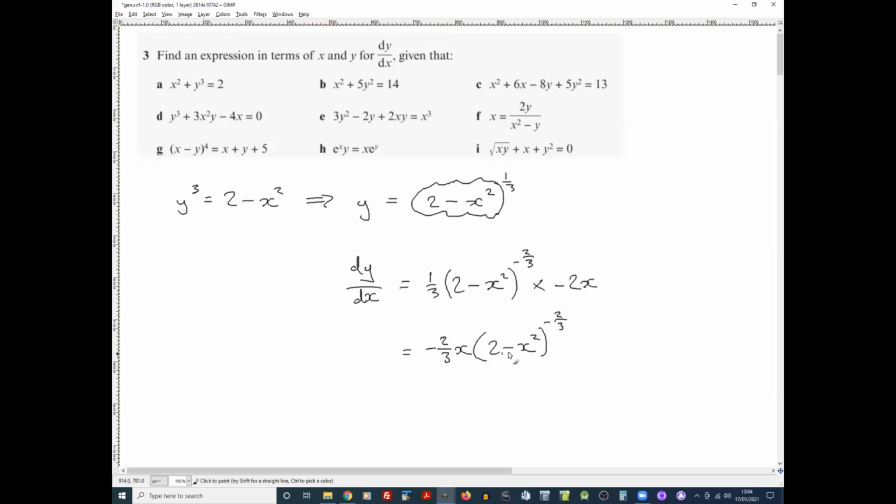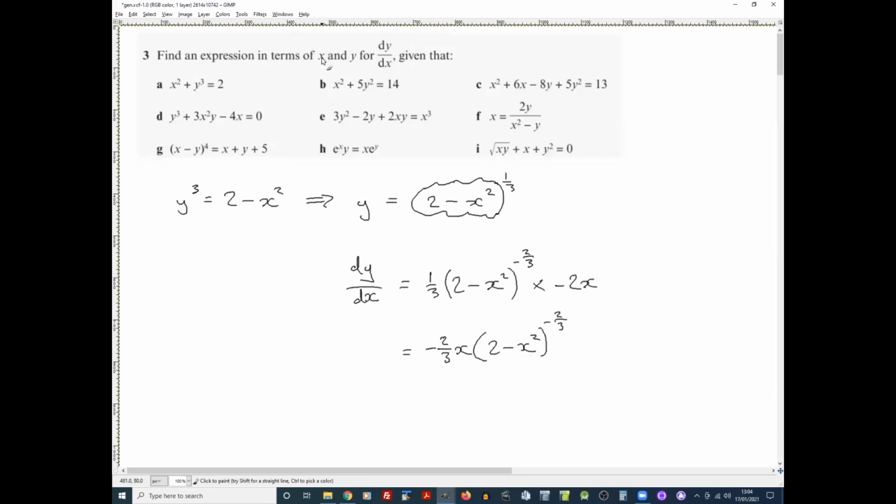But they are saying don't bother. They're saying, just leave it implicitly in terms of x.